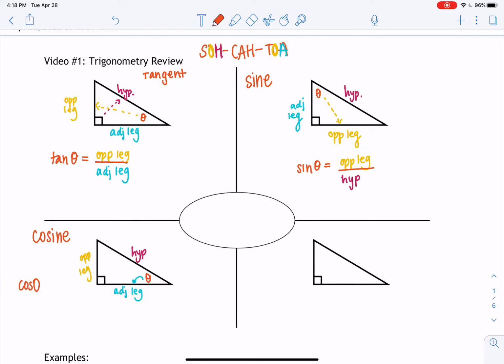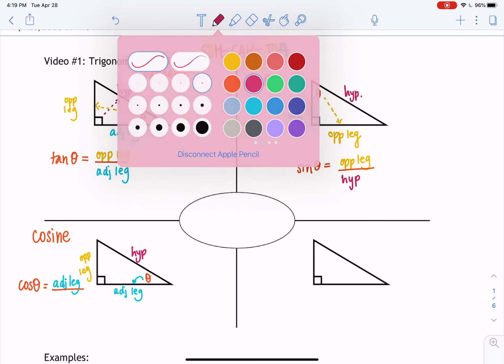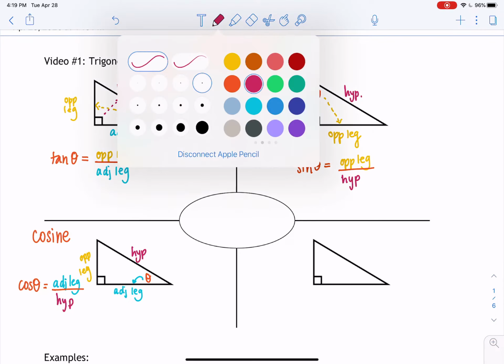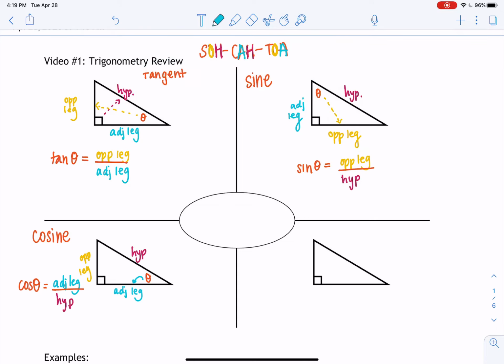Cosine of our angle theta is equal to the adjacent leg divided by our hypotenuse. So that's why here we have CAH, with an A and an H, for adjacent over hypotenuse. So these are our three trig functions.